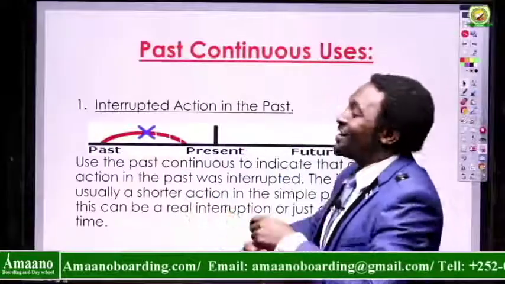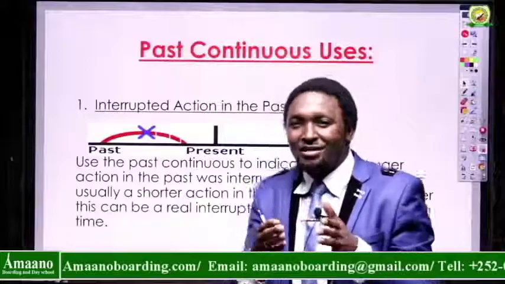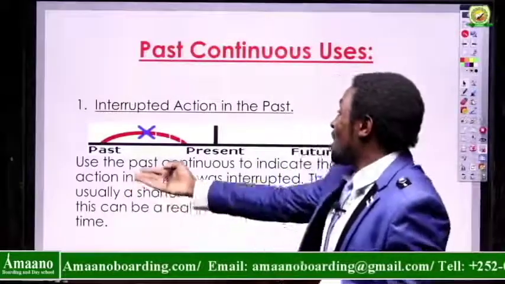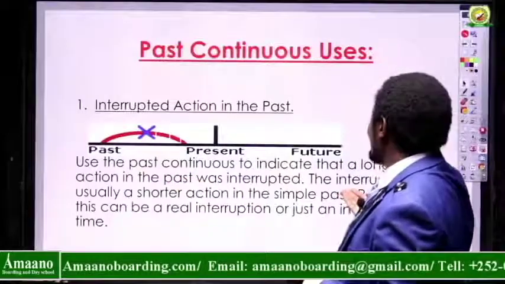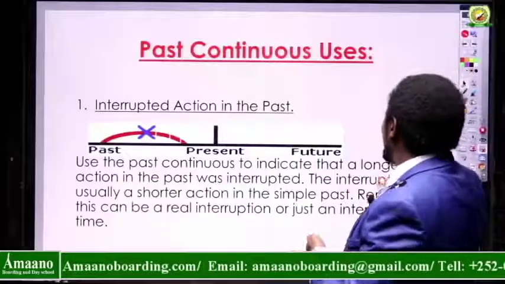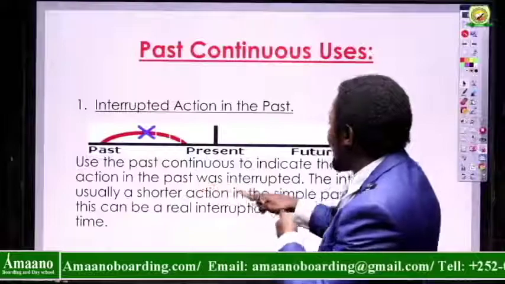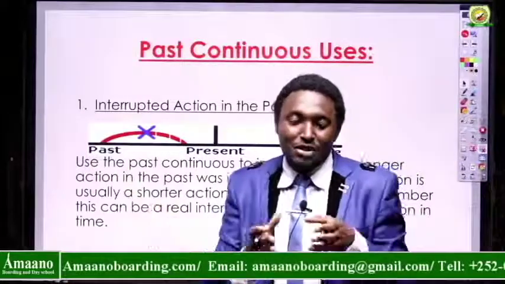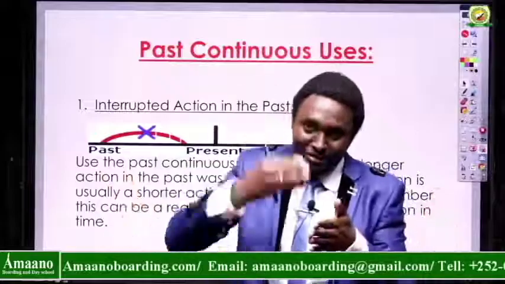So I use the past continuous tense to indicate that a longer action in the past was interrupted. Actually, a longer action, maybe something you were doing for a long time, then it was interrupted.